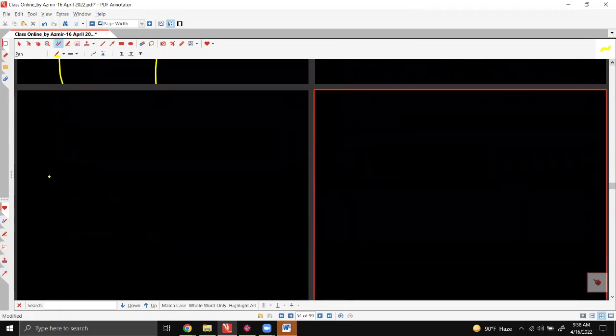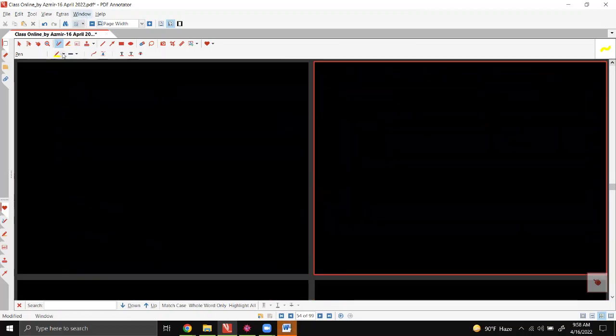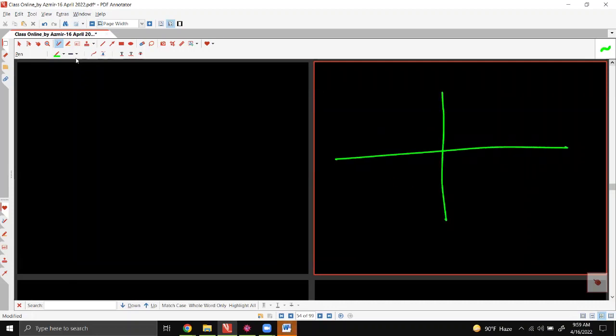So equation of hyperbola. Suppose we have x-axis and y-axis here. From center 0 0 to a point a 0, from center 0 0 to another point negative a 0.